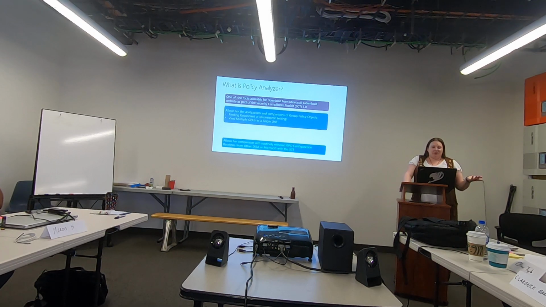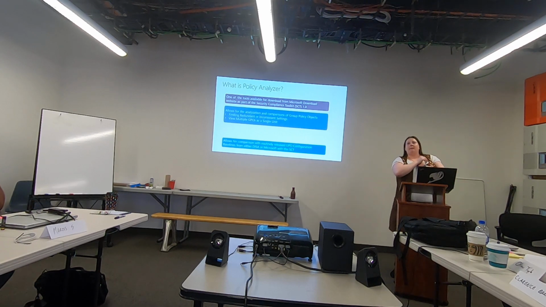It also allows for comparison with routinely released GPO configuration baselines from DISA or Microsoft. Again, if you're wanting a security jumping off point, go to the DISA website. You can download any of their security features and be able to take a look. What's DISA stand for? Department of Information Security Analysis, I want to say. Honestly, I forgot because I'm kind of nervous.